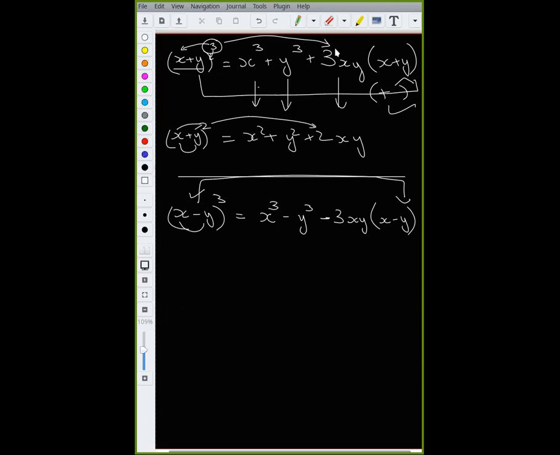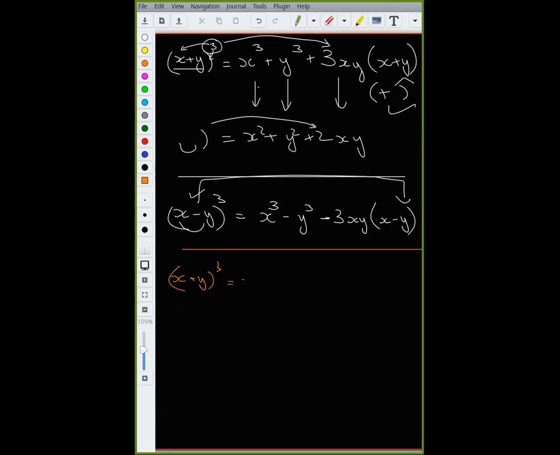So these are the two identities which we need to learn. You can copy it from here. I'll write it down again for you in a neat format. This is how to derive it. So x plus y, the whole thing cubed will be x cubed plus y cubed plus 3xy into x plus y.